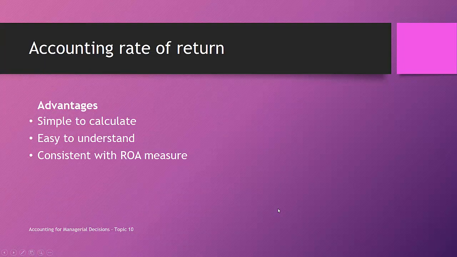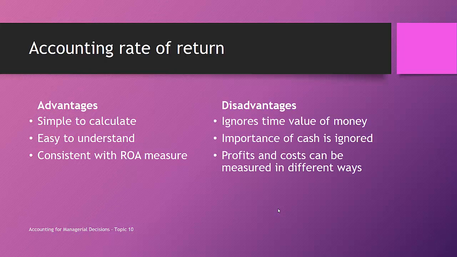The advantages of this is it's relatively simple to calculate, it's relatively easy to understand, and it is consistent with an ROA measure. So you saw that once you've got the cash flows, once you've worked out your depreciation expense, and you know your opening and closing investment cash flows, you can actually work it out fairly simply. There is a problem with it. I mean, there are problems. Like with anything in life, there's some advantages and some disadvantages. It ignores the time value of money.